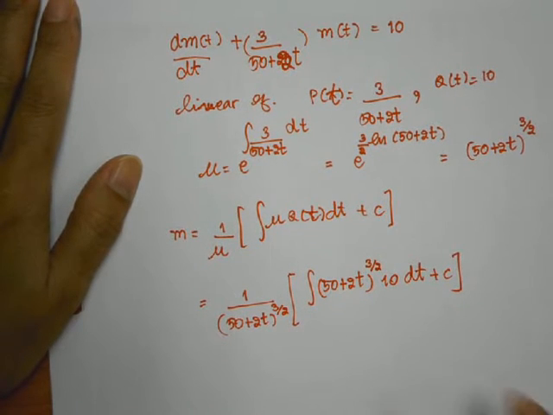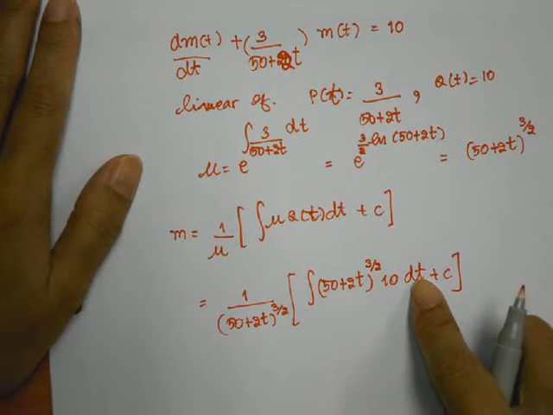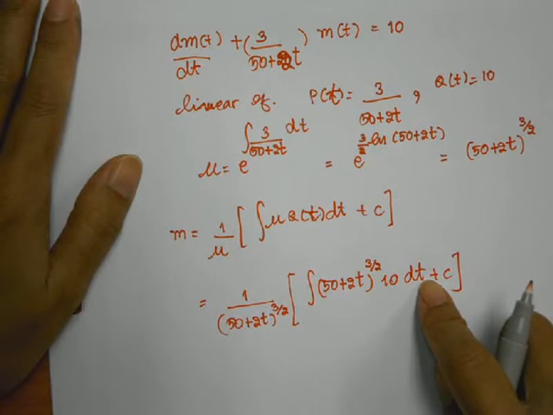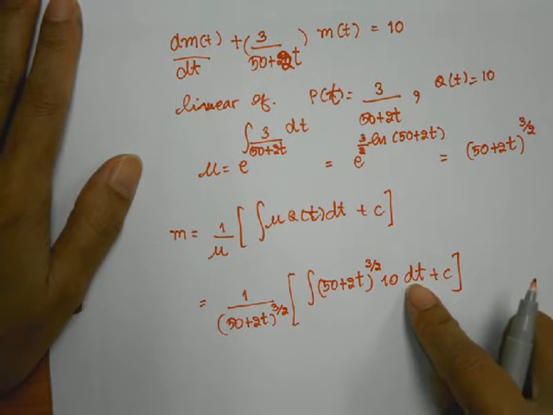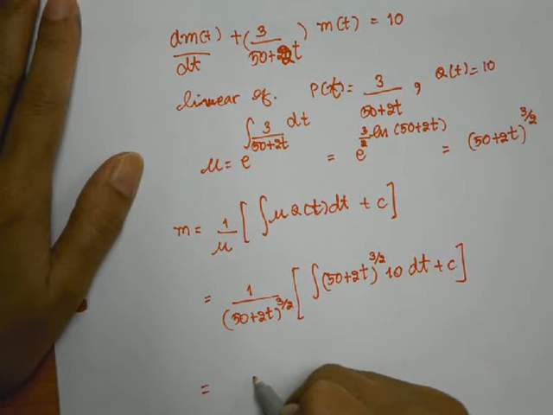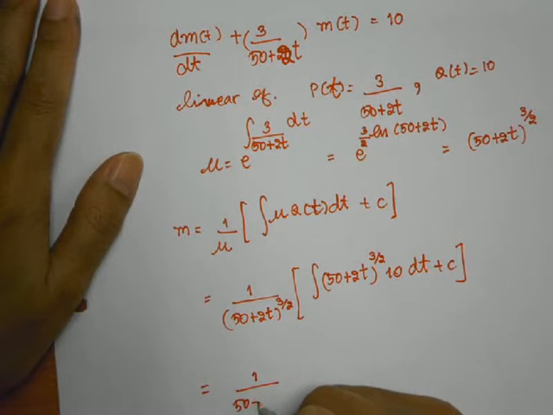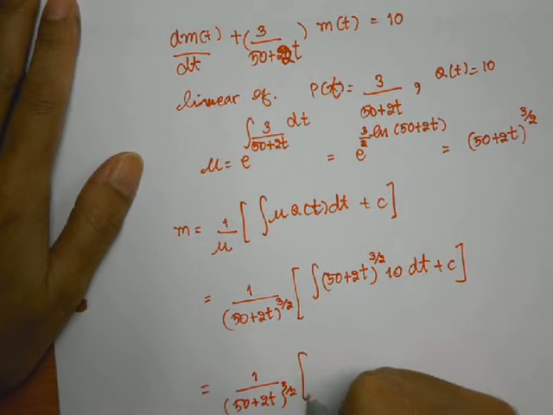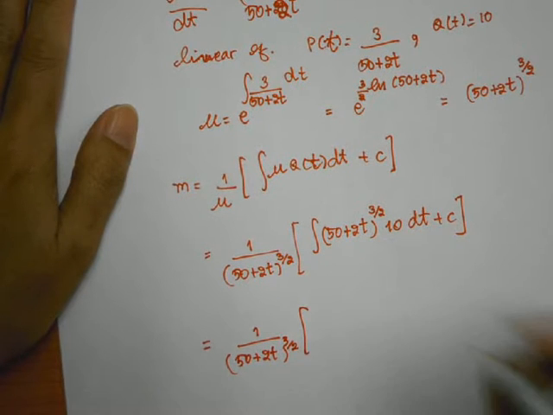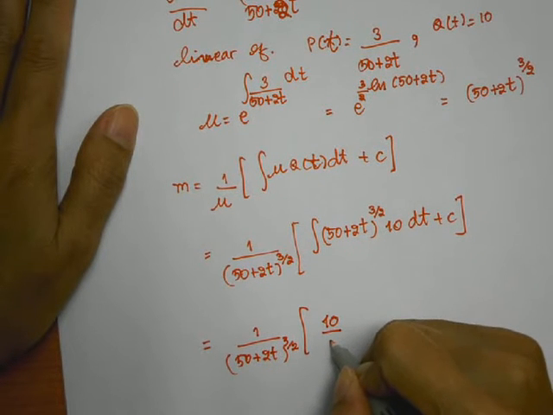To do the integral of this term, you have to make dt become d(50 plus 2t). That means you have to divide by 2. You get 10 divided by 2.